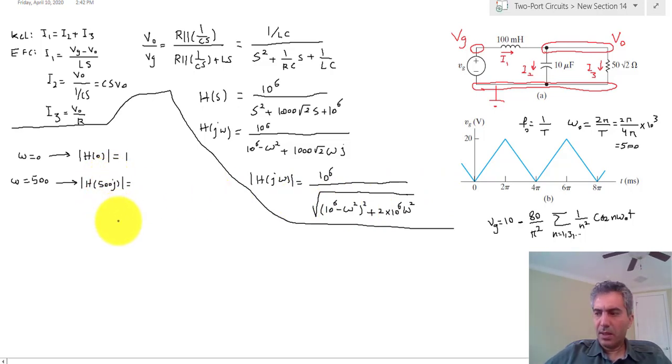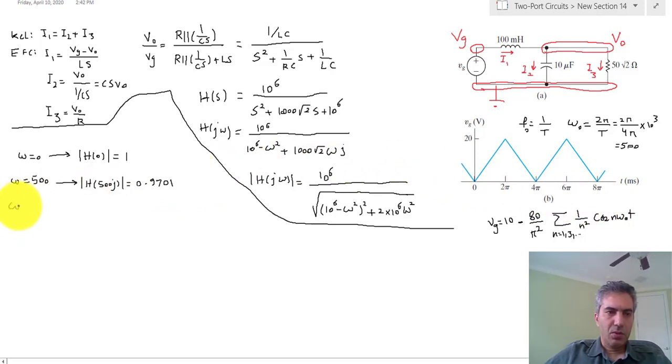Once you do that, the value turns out to be 0.9701. So you take the first amplitude, where you put n equal to 1 here, and you get minus 80 divided by pi over 2. Then you multiply that by 0.9701, and that would be the response to that first harmonic.